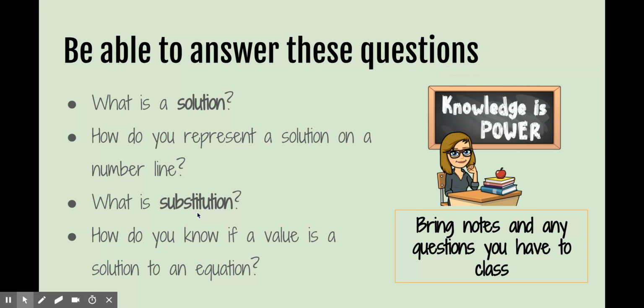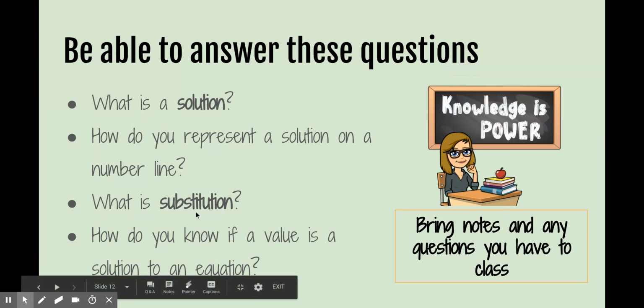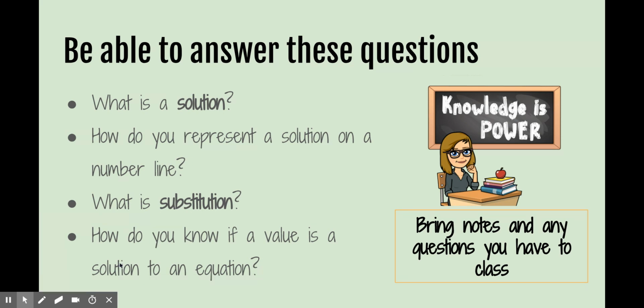So basically, you use substitution to figure out if a variable equals a certain number. You just substitute the number in place of the variable in the equation, solve it, and see if you get a true statement at the end, like 5 equals 5, 3 equals 3. If you get something that's not true, like 3 equals 5, you know that that is not a solution.